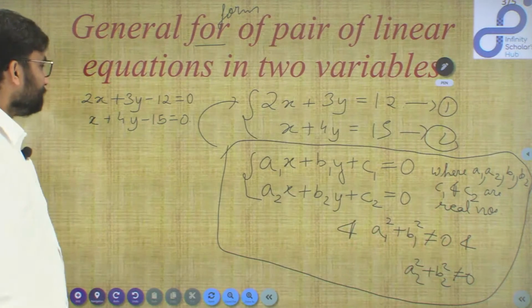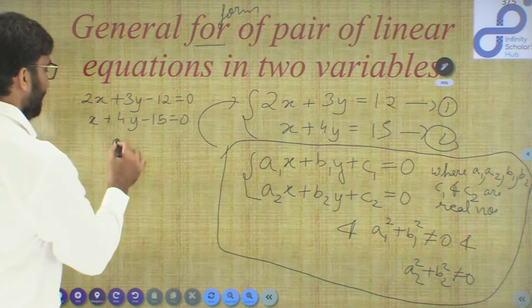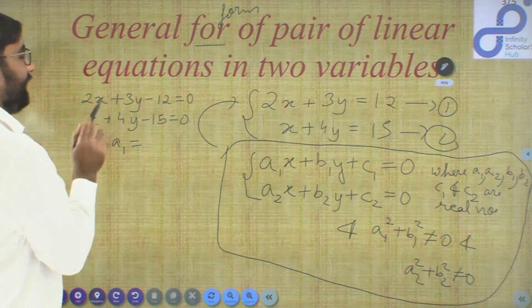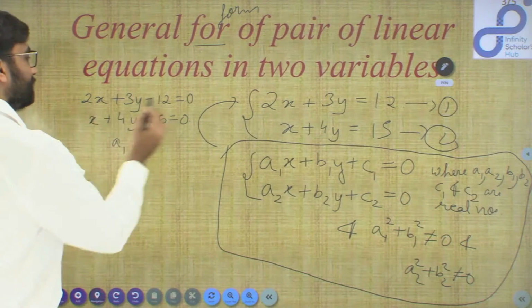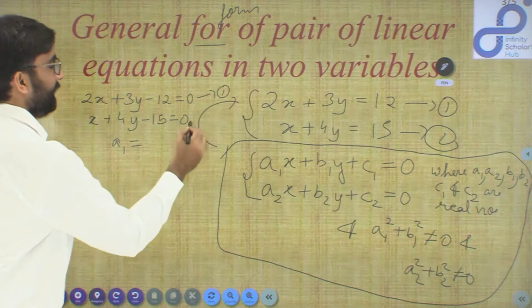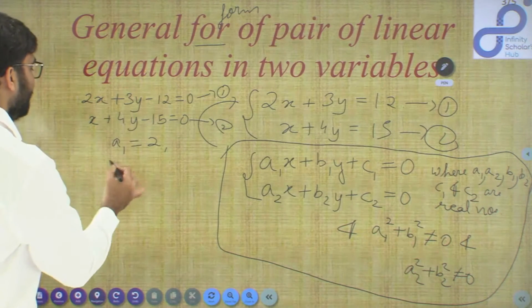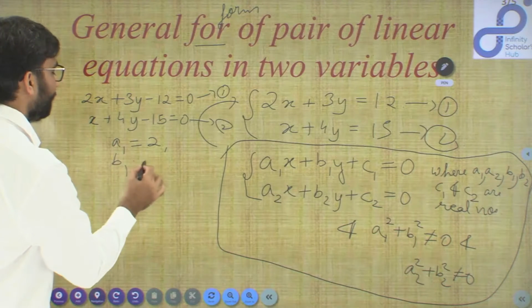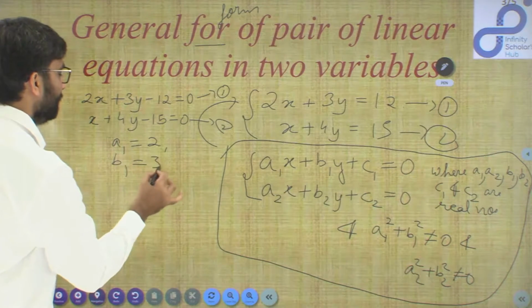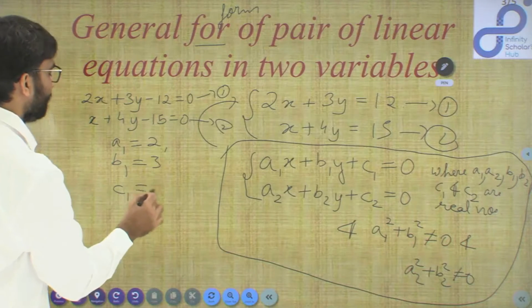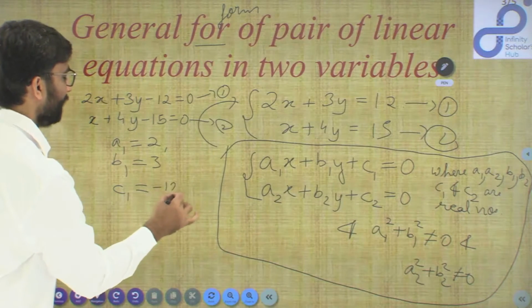Now if I ask you what is a1, a1 is the coefficient of x of the first equation, so it is 2. Then b1 of my first equation will be 3, then c1 will be minus 12.